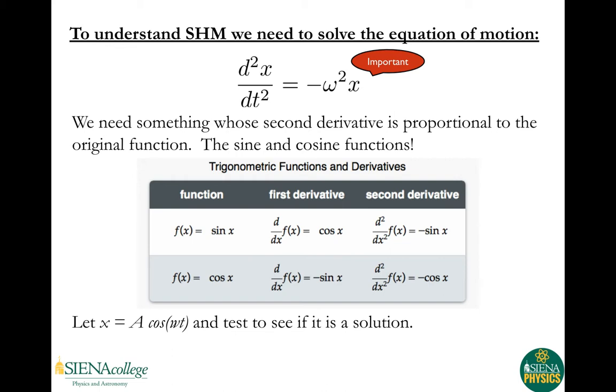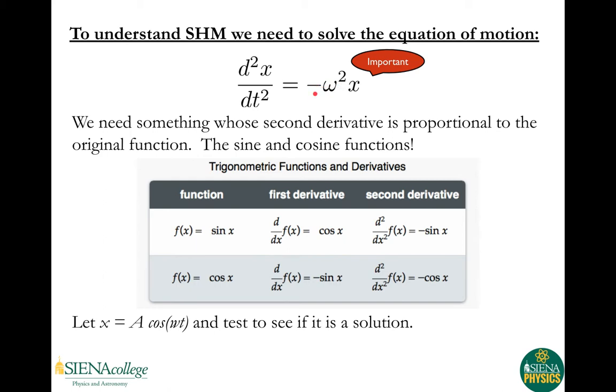Okay, so this is a differential equation. I realize a lot of you haven't had differential equations yet, so I'm going to give you my quick overview of differential equations, which means how we solve them is we make guesses. So we just need to understand what this equation means in words. It's saying I have some function x, I take the derivative, and then I take the derivative again to get the second derivative, and I get back my original function x, some constant out in front, and a minus sign.